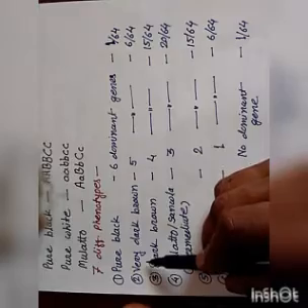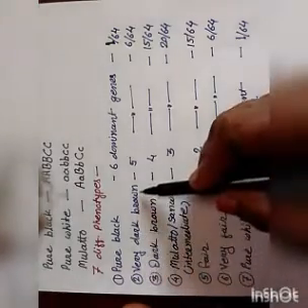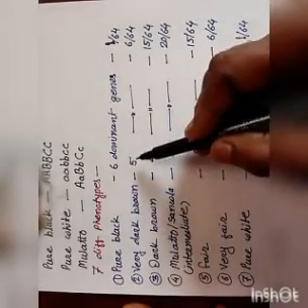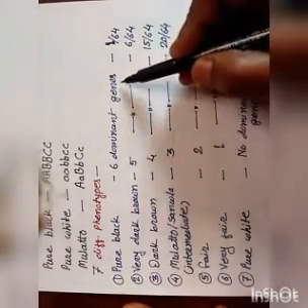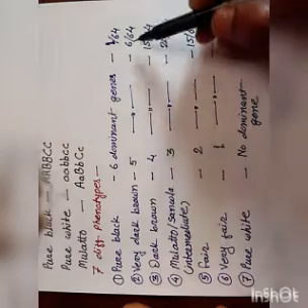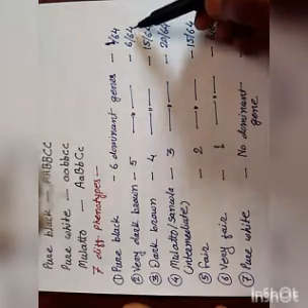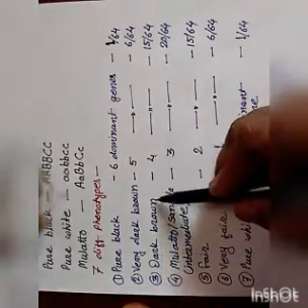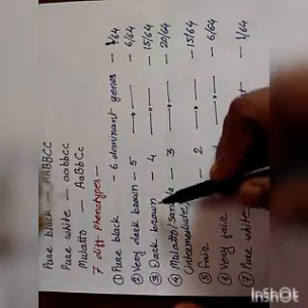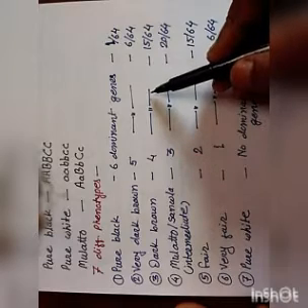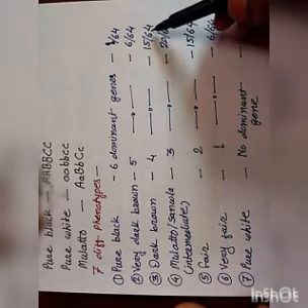Then the next shade is the very dark brown, and these individuals have 5 dominant genes, and these are 6 out of 64. Then dark brown skin color, in which 4 dominant genes are present, and these are 15 out of 64.